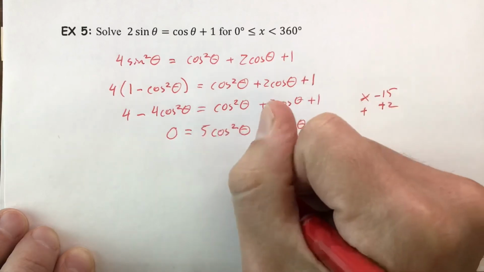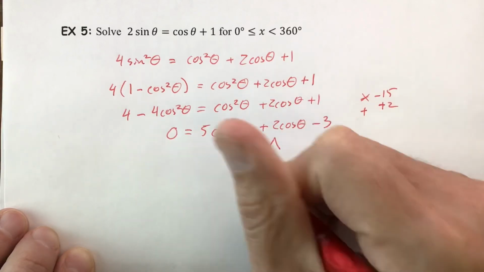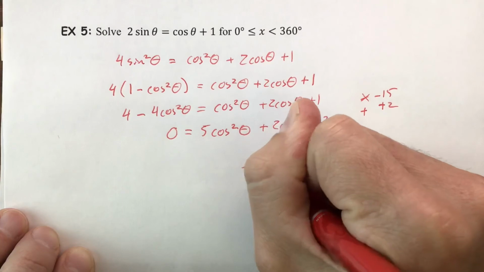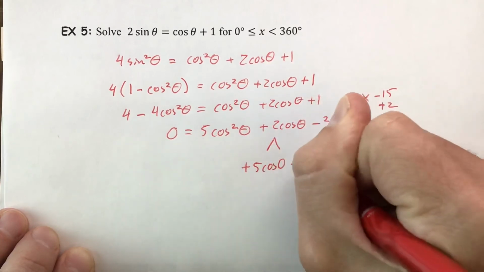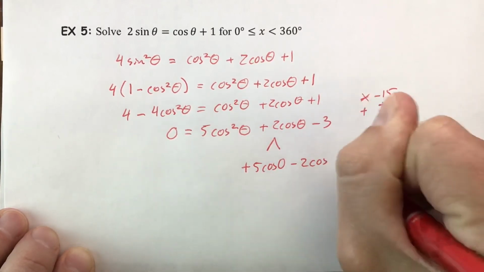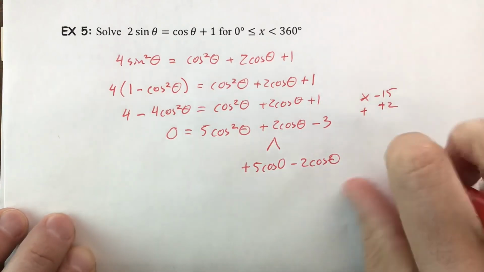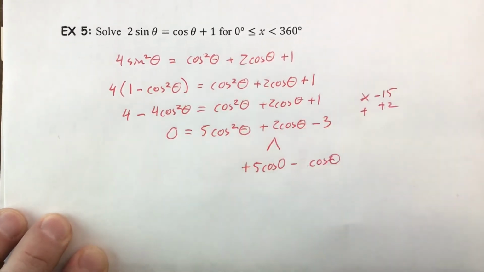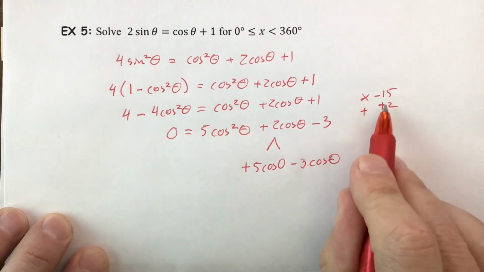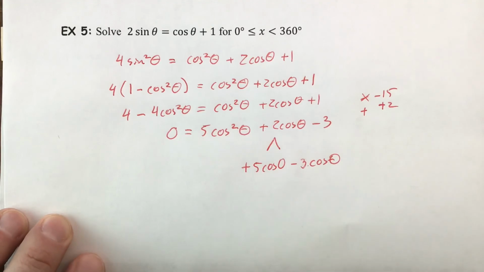All right, so the middle term, I'm going to split that into positive 5 cosine theta and a negative 3 cosine theta. Sorry, they need to multiply to give me negative 15 and add to give me 2. So that'd be negative 3.